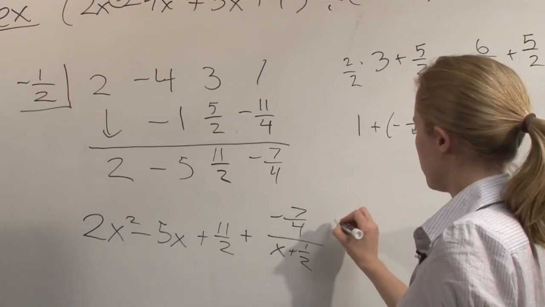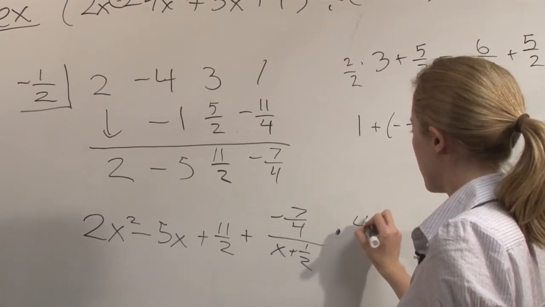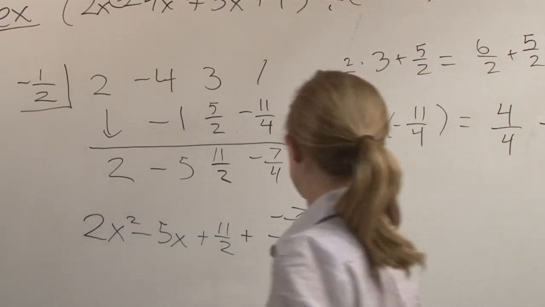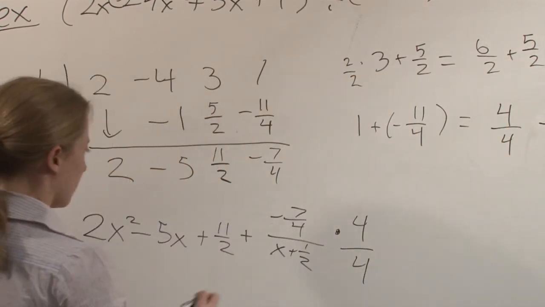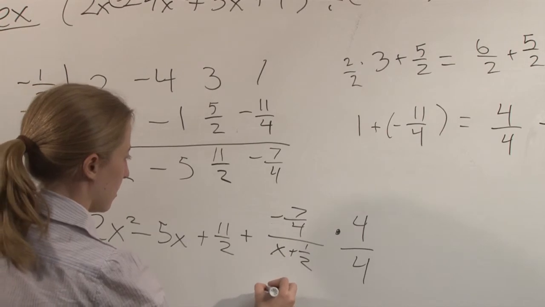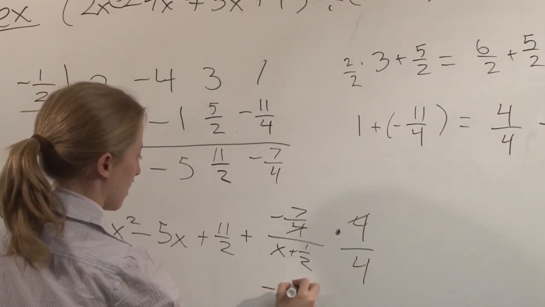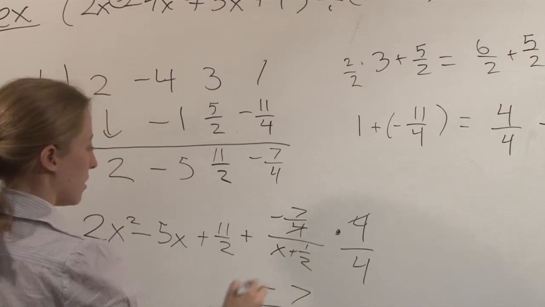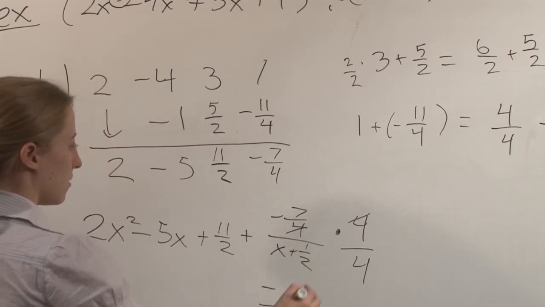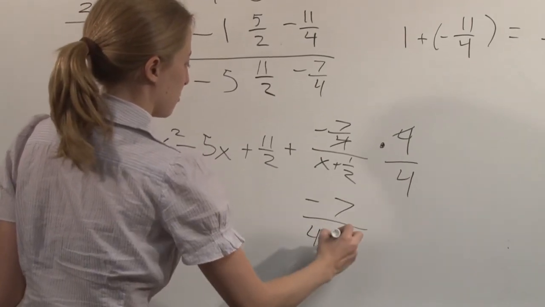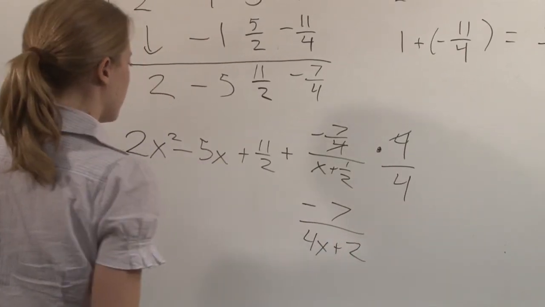And so I'm going to multiply both top and bottom by 4. So that is going to cancel here. So that would be negative 7 on top. And then 4x, and 4 times 1/2 is 2.